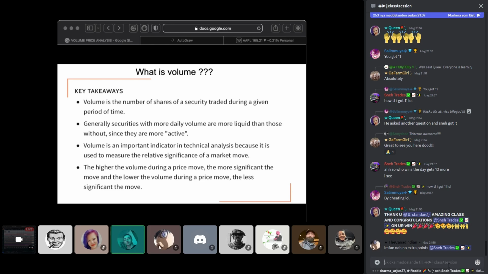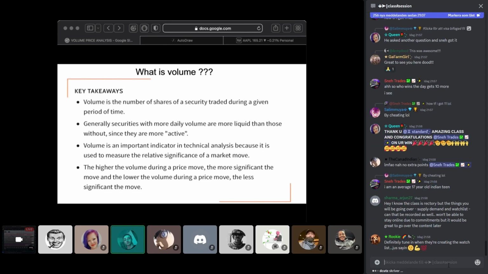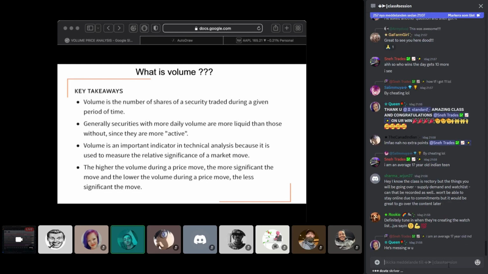I do all my levels before, and then I put on the volume profile and I readjust in case I'm off by like 50 or 25 cents. And then I throw the watch list up, and I'm going to show you guys how to be efficient and find those levels that provide good extreme reversal points and can give you an edge.